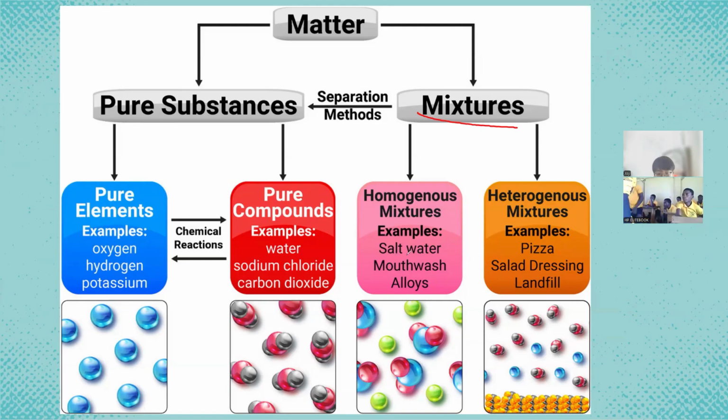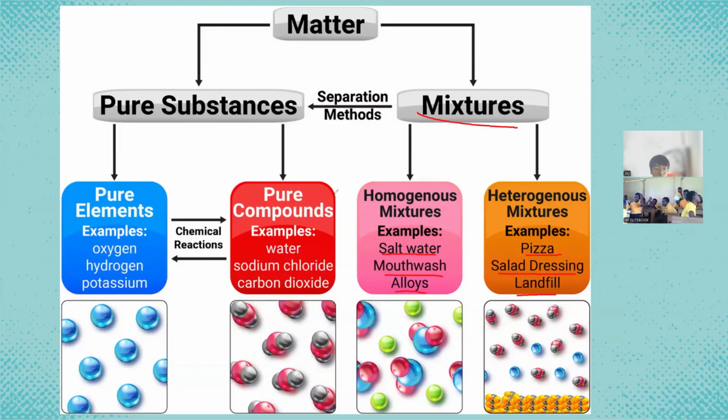Homogeneous mixtures have the substances evenly distributed, like salt water: salt dissolved in water is evenly distributed, but it's still a mixture of salt and water. We have mouthwash, alloys, and we also had heterogeneous mixtures, when it's not properly mixed. Things like pizza, salad dressing, and landfills are heterogeneous mixtures.